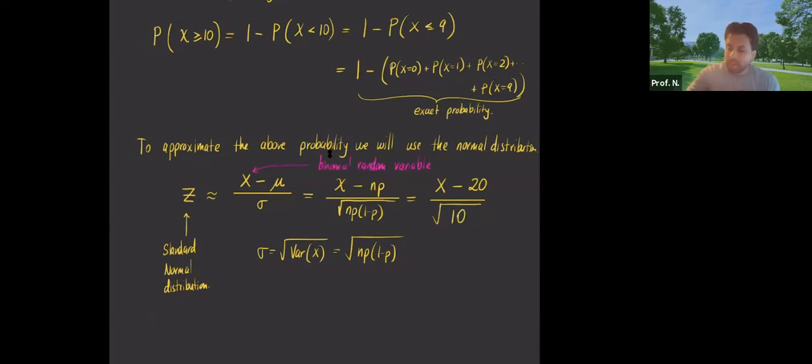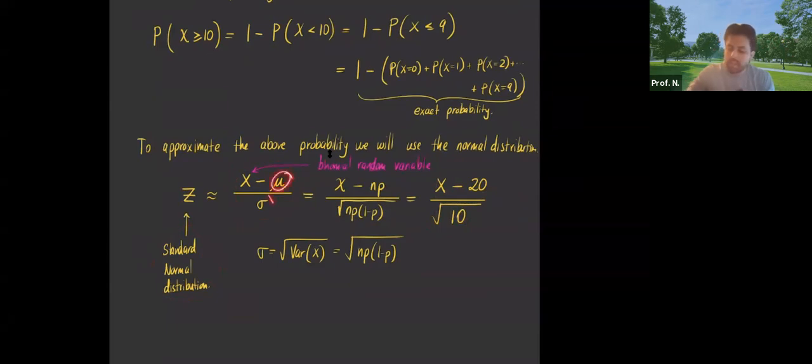So when we take our binomial random variable, subtract 20, and divide by the square root of 10, this new random variable that we created is approximately the standard normal distribution. Because remember, we did the same step here to create a normal distribution x and make that into the standard normal. We're doing the same process, but now upon a binomial random variable.